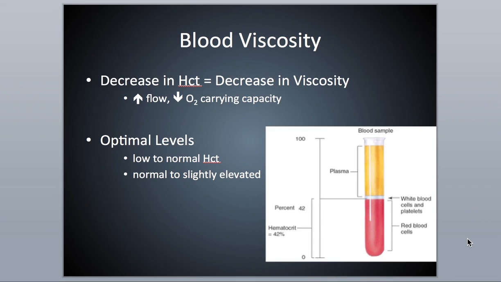Now, if we decrease the hematocrit, we decrease the viscosity. This increases the blood flow, but it also decreases oxygen carrying capacity, or at least it could. So again, the hematocrit is going to be the percentage of the particles within the blood compared to the total blood volume.